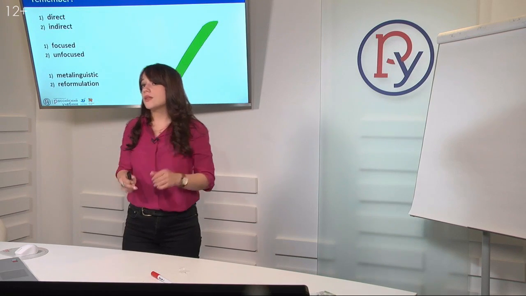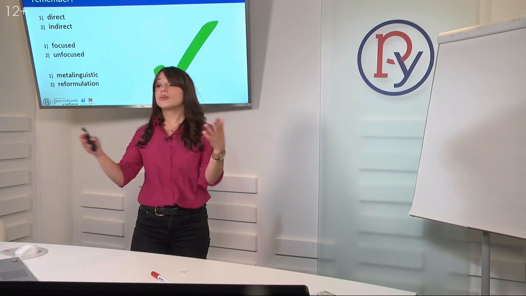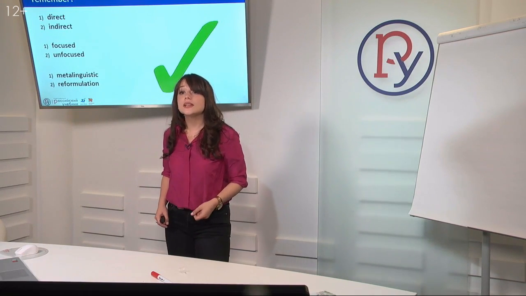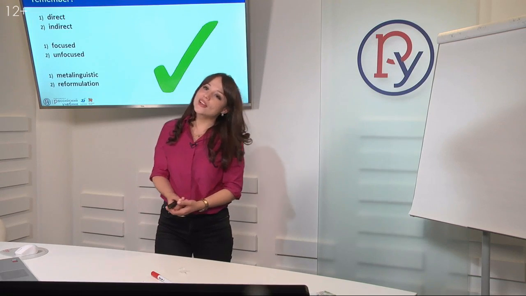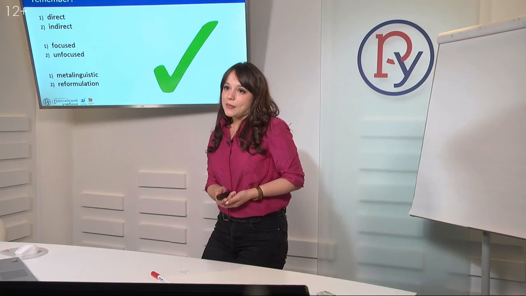Focused, when we're focusing on a specific type of mistakes. Unfocused, when we're correcting pretty much everything. Meta-linguistic feedback, when we give some linguistic information about the mistakes made via, for example, error codes, or writing little meta-linguistic comments which you write correctly, you check, you make sure that you don't mislead your learners, right? And reformulation, when you just provide a more natural way of formulating the very same idea.